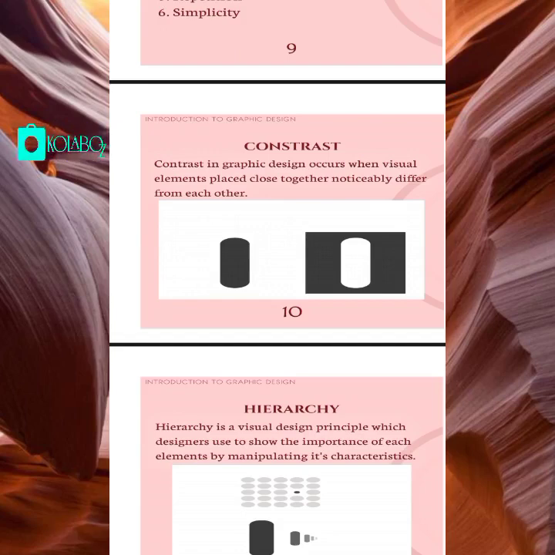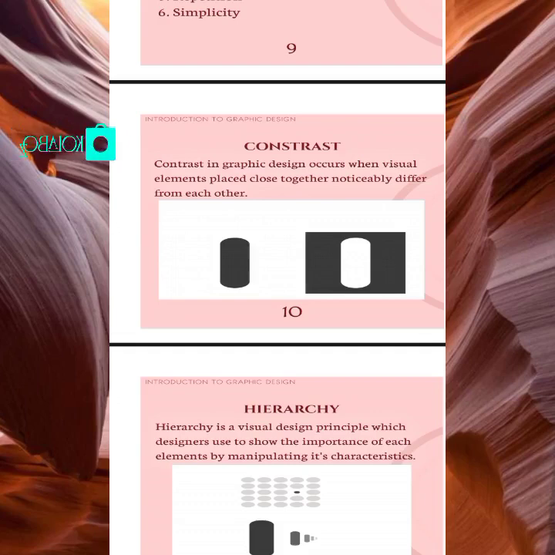One other thing is that the principle is applied on elements. As I've said before, all the principles are applied to each of the elements. So contrast can be contrast in color, contrast in shape, and the rest.